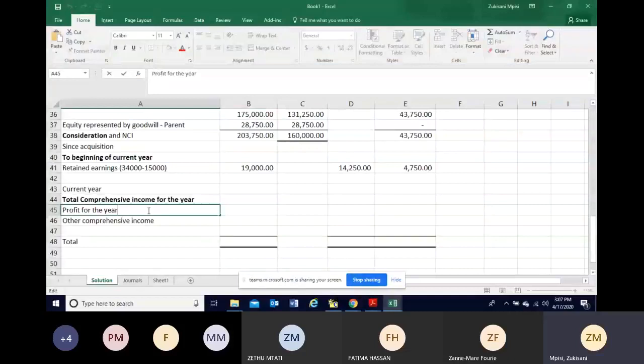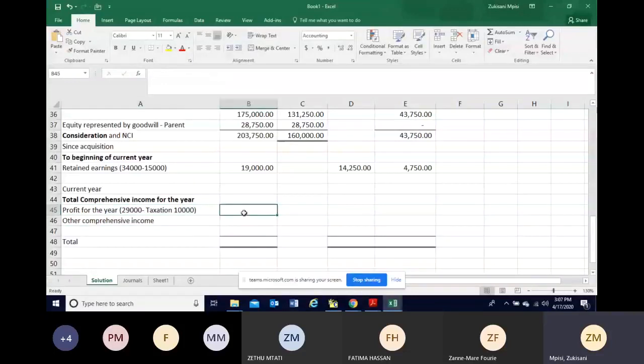Profit for the year is 29,000 minus 10,000, which is the tax. So this becomes 19,000.